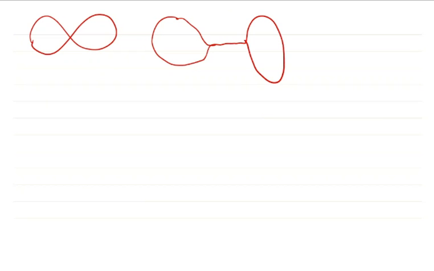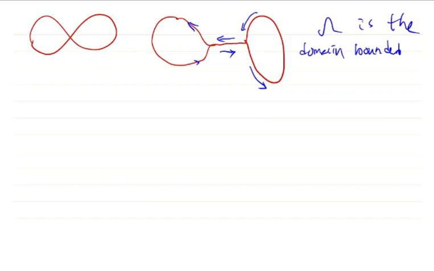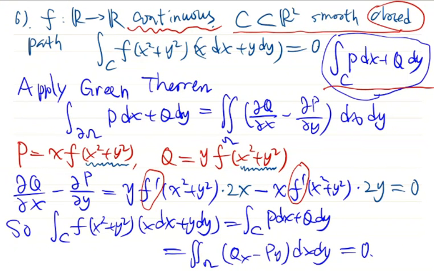For example, C can be of this form, or C can be a sine curve in this form, so you cannot require omega to be the domain bounded by C. Of course, the most crucial problem is that our f is only continuous, not differentiable.